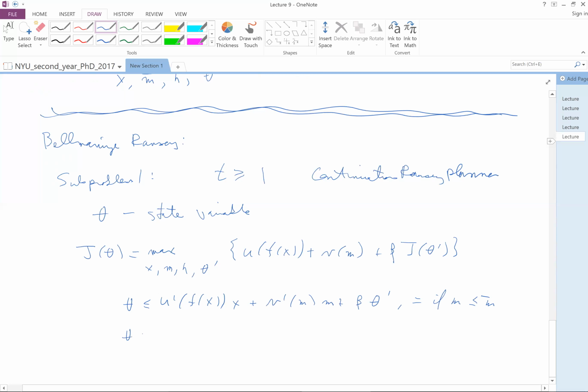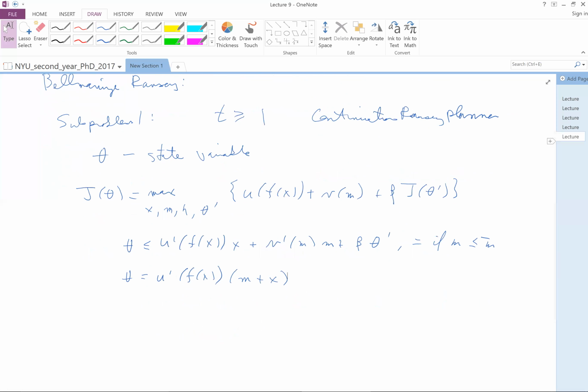This is our definition of theta. I'm going to have my static government budget constraint.